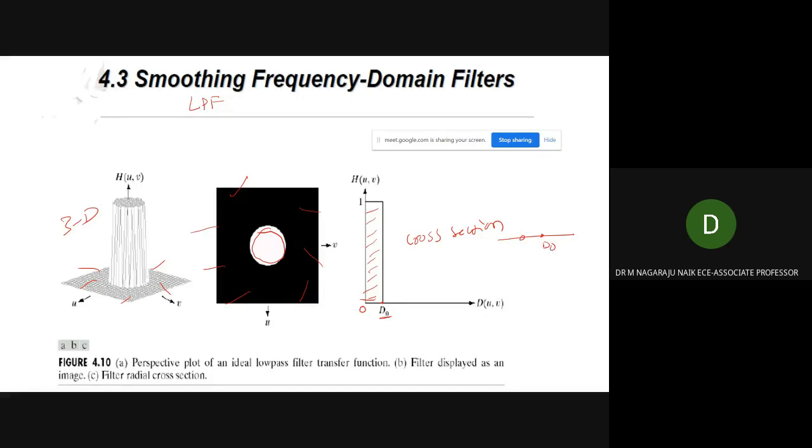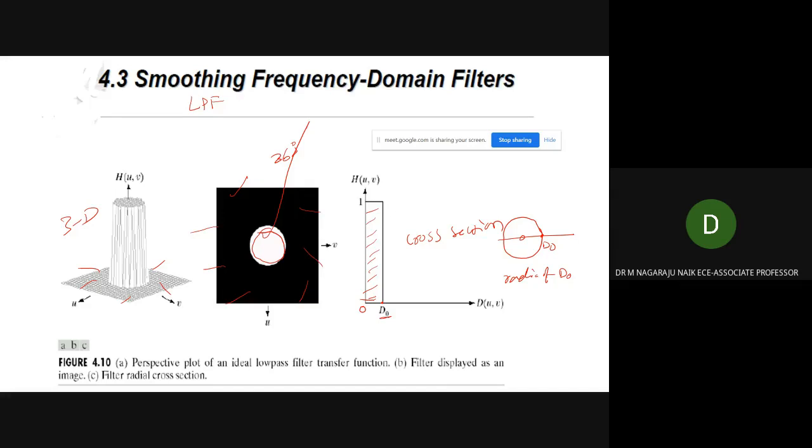This point is rotated 360 degrees within a radius of D naught. So the cross section represents the complete filter transfer function, which can be generated by rotating the cross section 360 degrees about the origin.